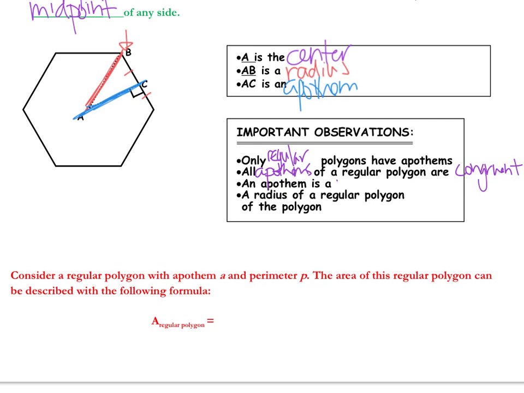An apothem is a radius of a circle inscribed in the polygon.